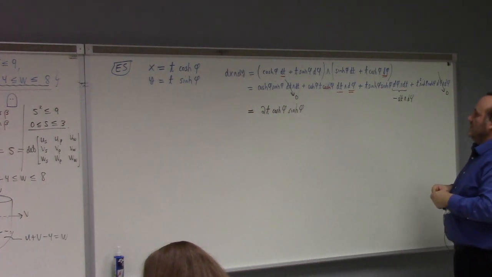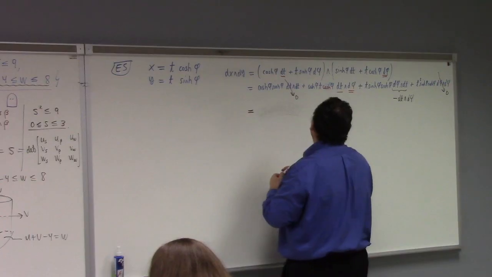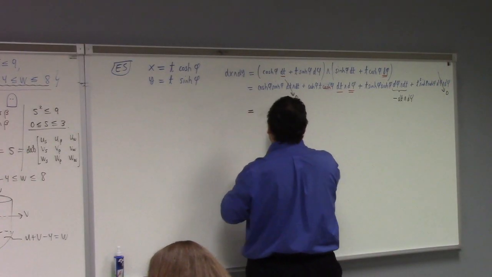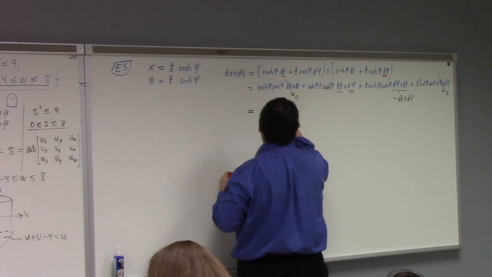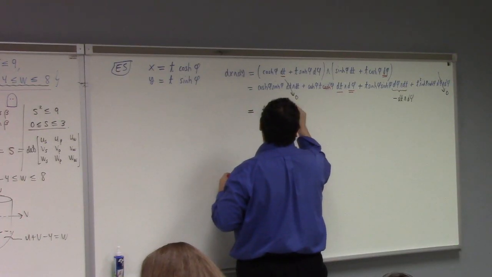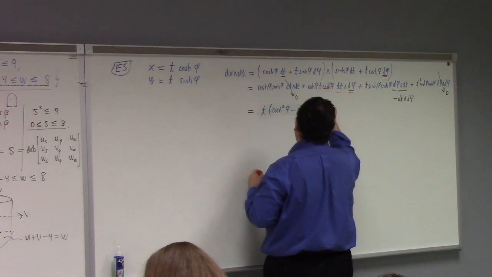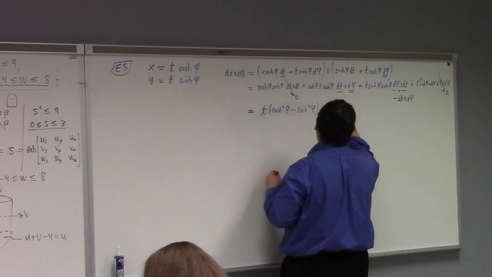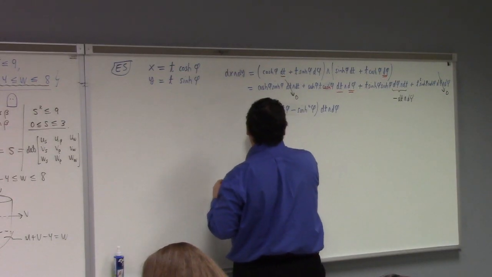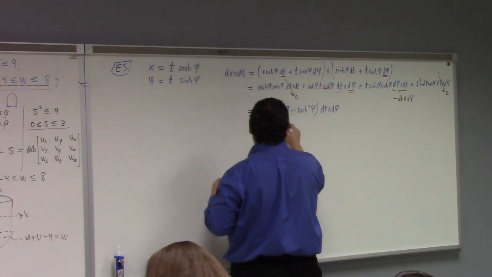All right, okay, well that's better. So apparently we get t times cosh squared phi minus sinh squared phi. That's kind of cool. It's cosh squared minus sinh squared phi dt wedge d phi, right? In other words, we get t dt wedge d phi.